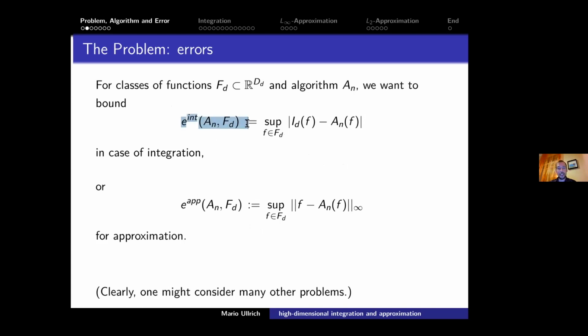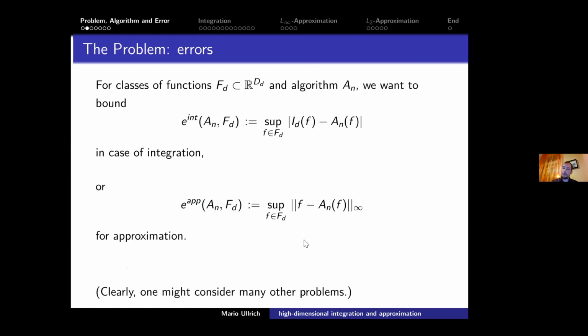Just to fix notation, I use e int here to indicate that I'm considering the integration problem, still worst case error, or I write app here if I'm interested in the approximation. And for most of the talk, I will be only interested in L-infinity approximation. Clearly, one might consider many other problems here.